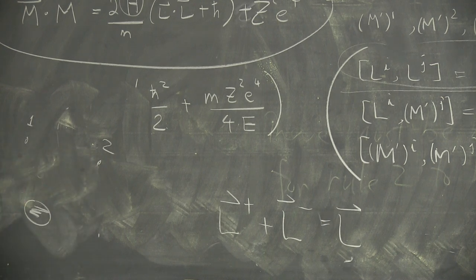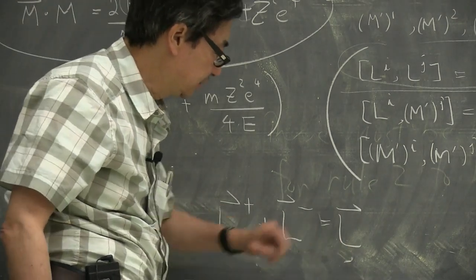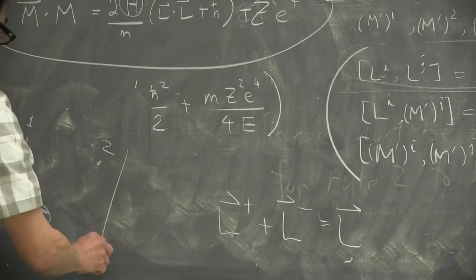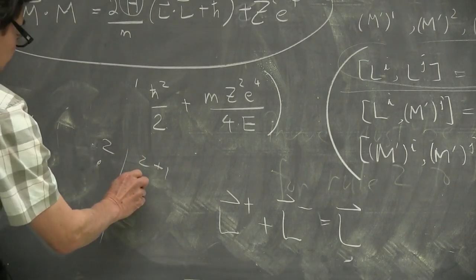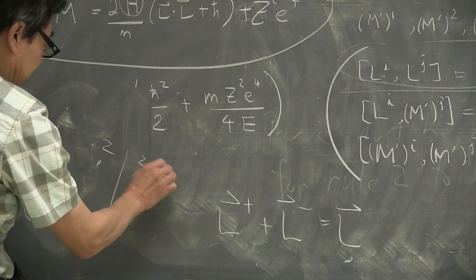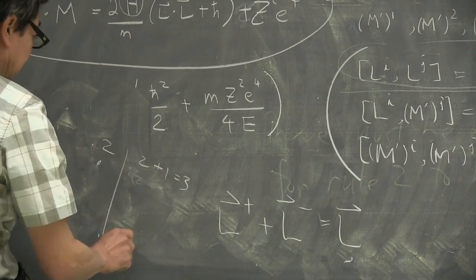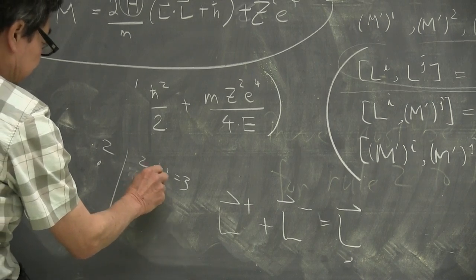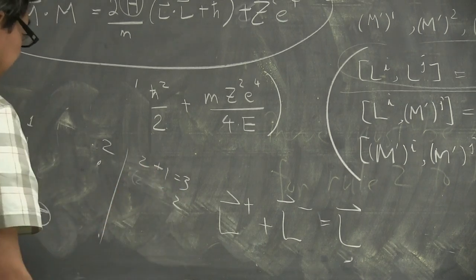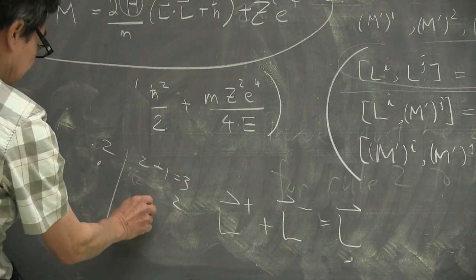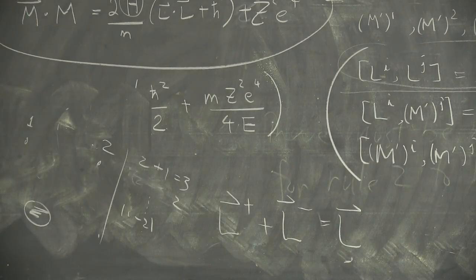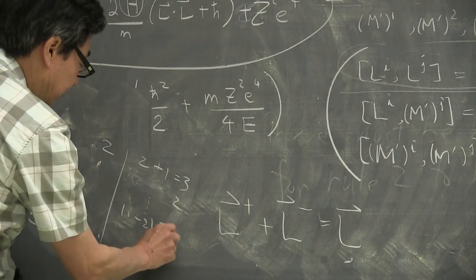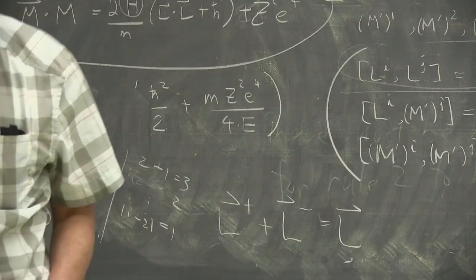If it's a case of 1 plus 2, the L value for the total angular momentum can have a range of possibilities. It can go from 2 plus 1, that's the largest number, which is equal to 3, and then it can go to 2 plus 1 minus 1, which is 2. And then the smallest number it can have is the absolute value of the difference of these two numbers, which is 1. So in this case, it has 3 possibilities, okay?